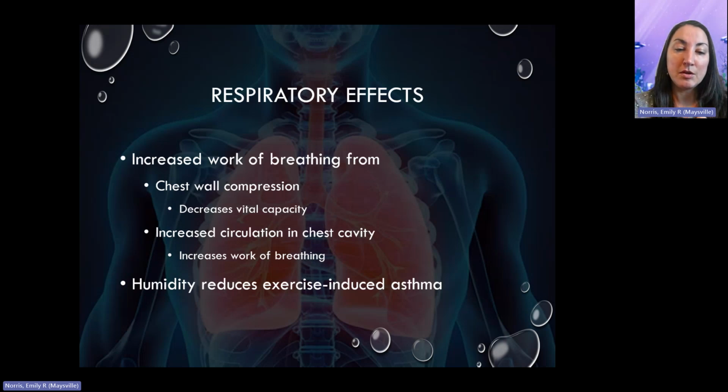And then the humidity actually helps people who have asthma. It can decrease the likelihood of them having an exercise-induced asthma episode, but you have to be careful with that too, because if you push them too far, then they're still just as likely. It's kind of a fine line of how much is too much. But the humidity can help decrease the symptoms of the asthma as well.